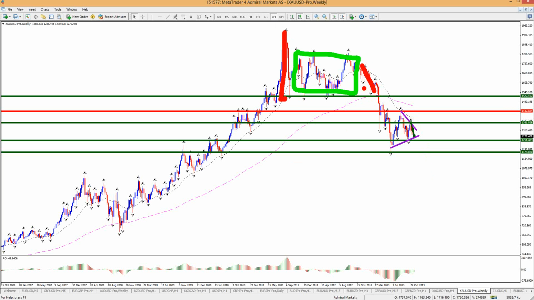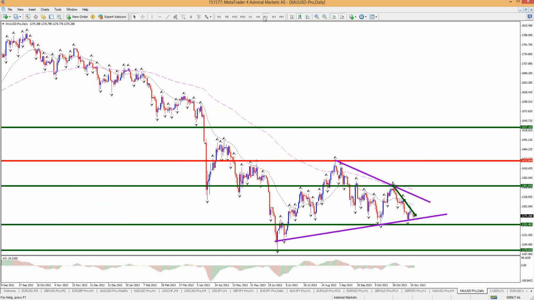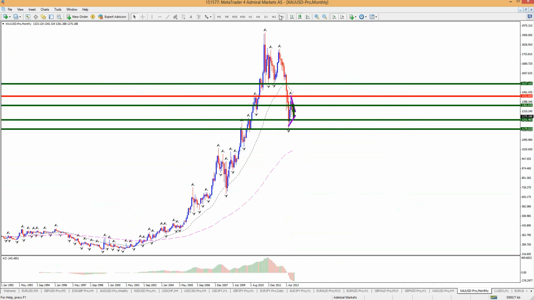Sorry about that. So is this another correction for downside, or was the correction over here and this is already upside? Either, to be honest, both are possible. I don't really have a favorite for that.